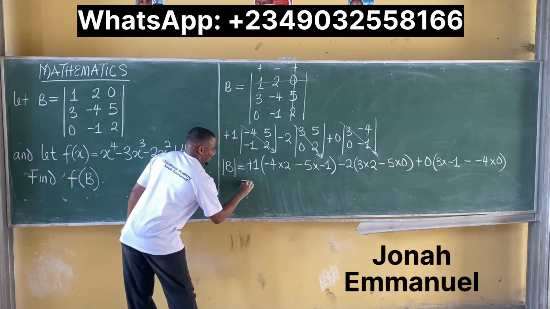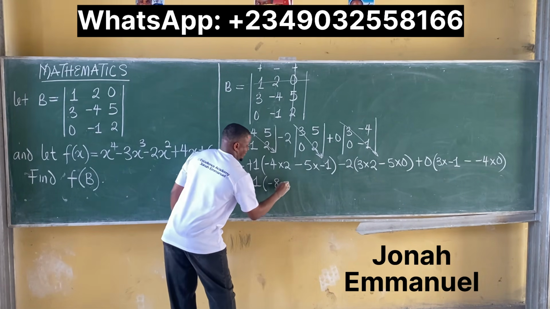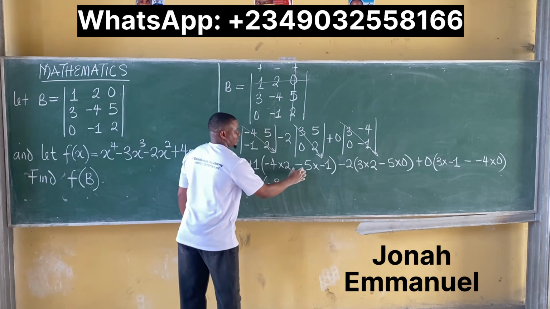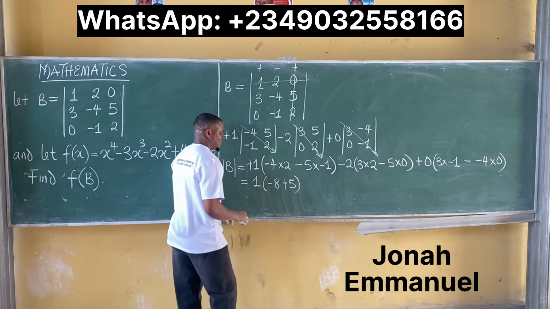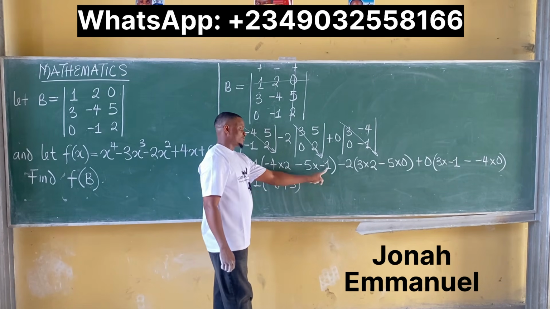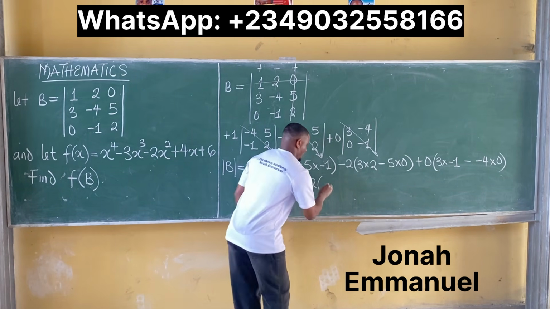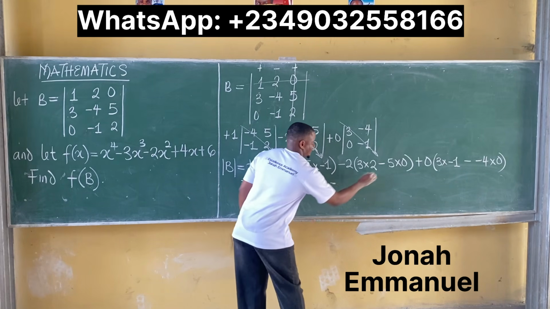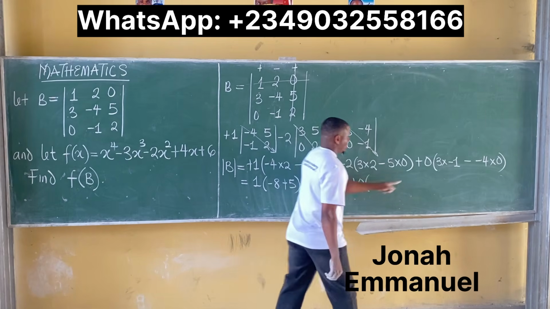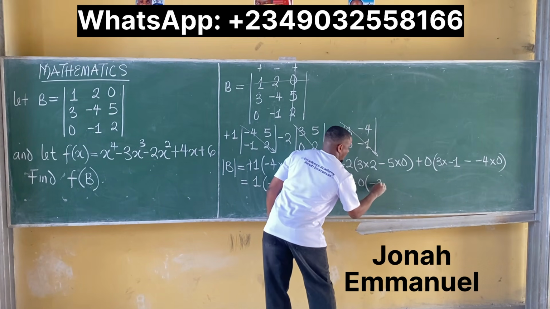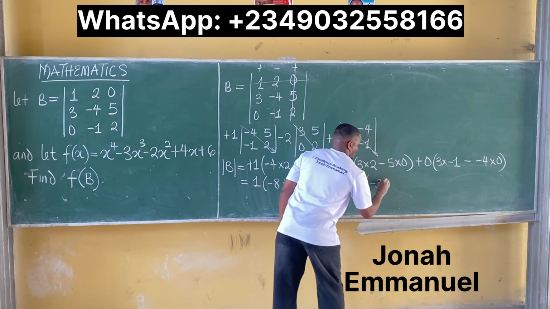Let's work on this. I have 1 into minus 4 times 2 is minus 8, minus 5 times minus 1 gives you plus 5. Minus 2 into 3 times 2 gives you 6, minus 5 times 0 gives you 0. Then plus 0 into 3 times minus 1 gives you minus 3, minus minus 4 times 0 is plus 0.